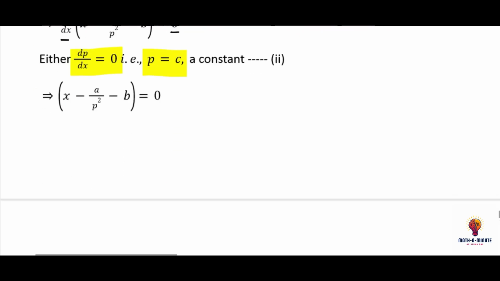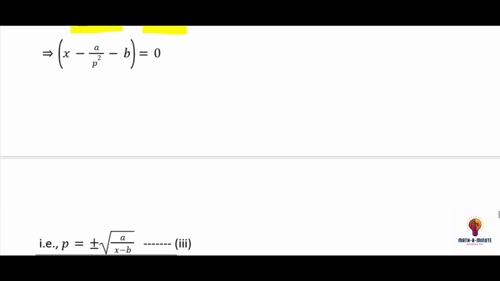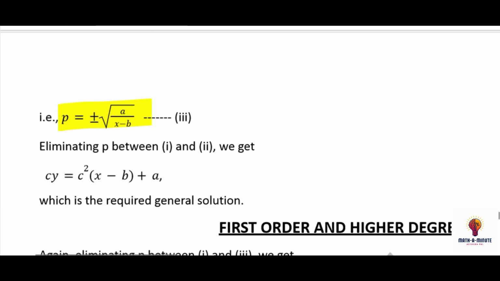Now from the other part, we can say that x minus a by p² minus b equals 0. So from this equation we can say p equals the square root of a by (x minus b). Now we have to eliminate p from equations 1 and 3, which actually gives us the singular solution.